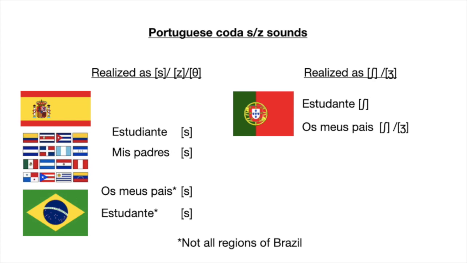And then in Portugal and in those regions where they do that innovation in Brazil, I would say os meus pais. So we can see how this sh sound really comes in pretty distinctly. And I would say that's one huge difference when you listen to Brazilian Portuguese and European Portuguese, that you can hear the difference between those two sounds.